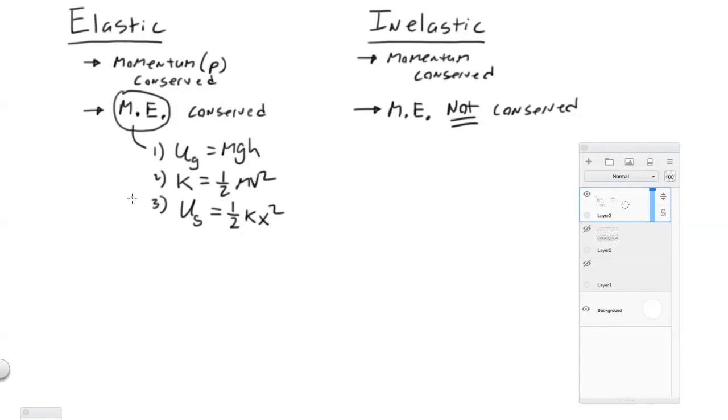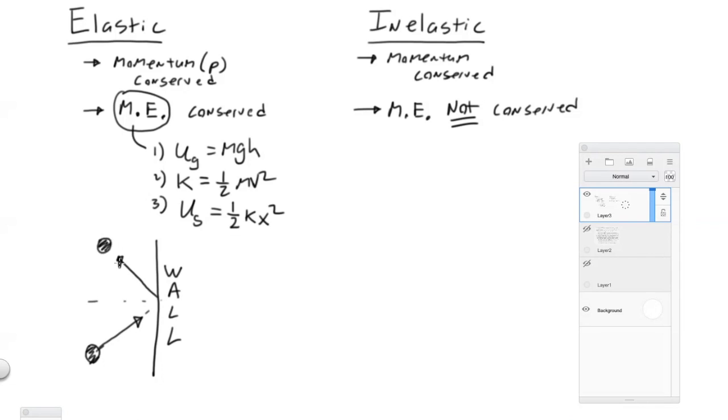So in an elastic collision, we say mechanical energy is conserved. The classic example of an elastic collision would be a gas molecule striking the side of a container. So say this represents a gas molecule right here, and this is a wall, the side of the container. Here comes the gas molecule, strikes the wall, and bounces off the wall like that.